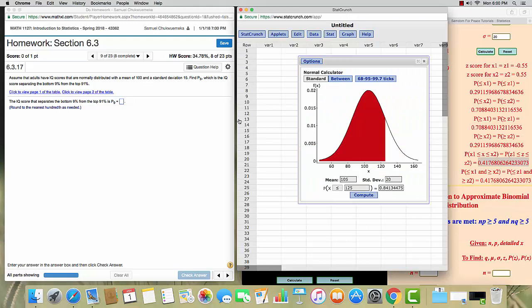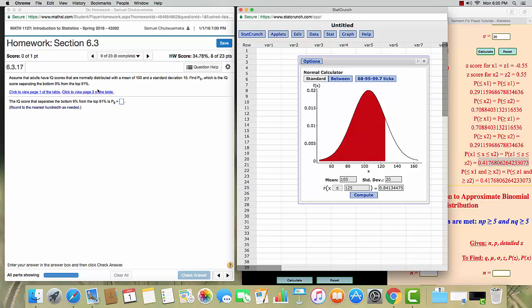Question 9. Assume that adults have IQ scores that are normally distributed with a mean of 100 and a standard deviation of 15. Find the 9th percentile. So they want you to find the IQ score that separates the bottom 9% from the top 91%.